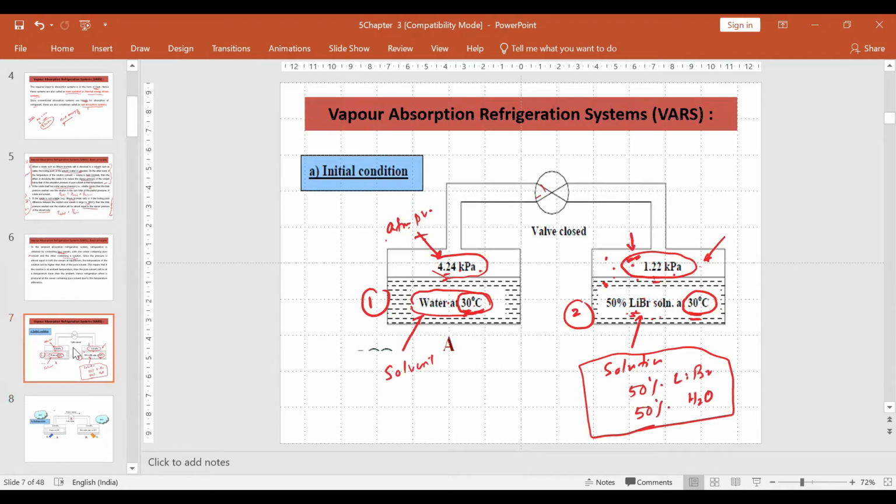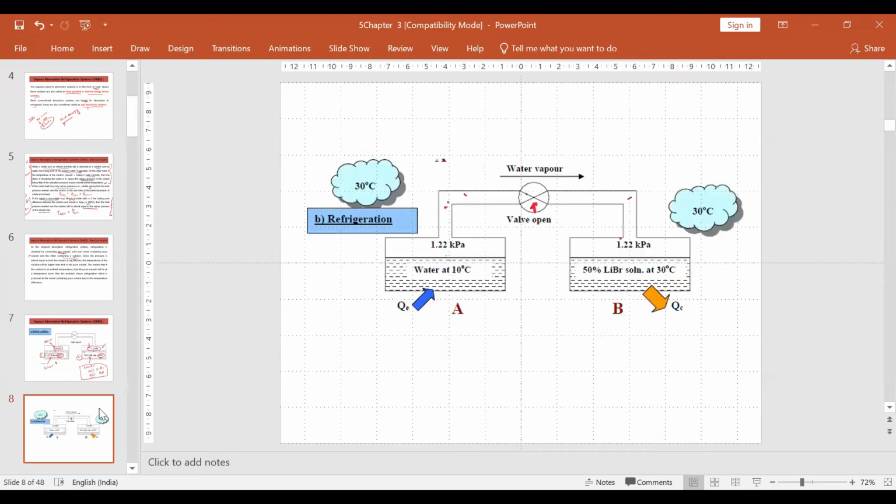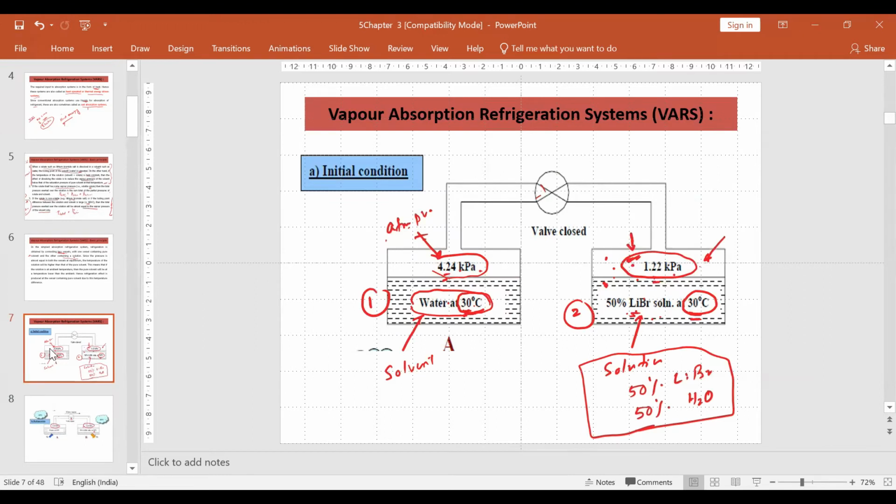This is the original pressure. If we open this, now the whole pressure will be 1.22 kilopascal. We open it now, so this pressure decreases. At this pressure, its temperature is 30 degrees centigrade as in your previous case.